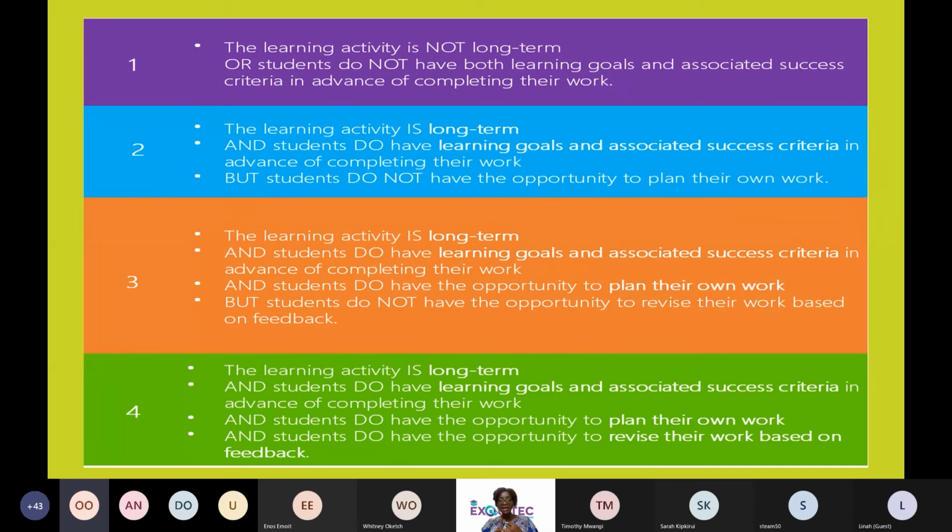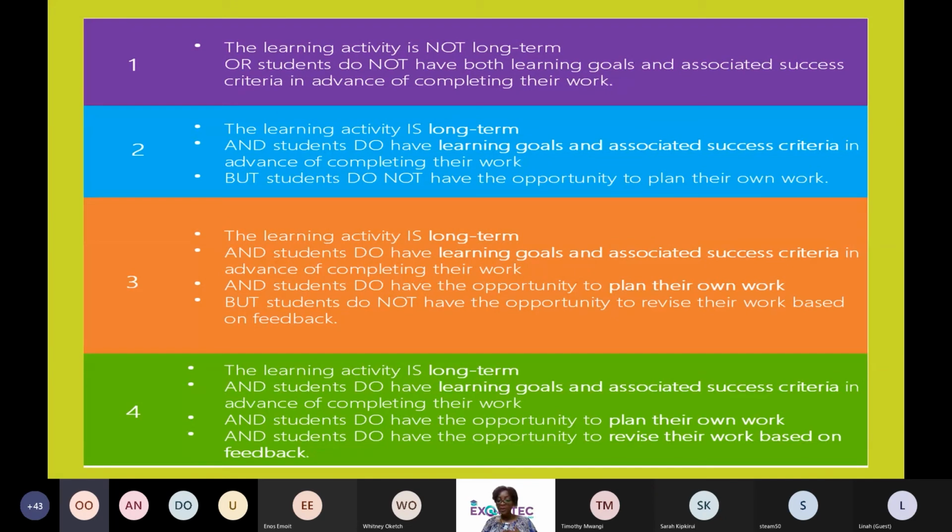So basic level 2, it's long-term, no goals, no success criteria, no rubric. Level 3, long-term, there's a rubric, but they don't have the opportunity to plan their own. So that's at level 3. But at level 4, they have the opportunity to plan their work and also use feedback to improve their work even as they do their work. So that is at level 4.